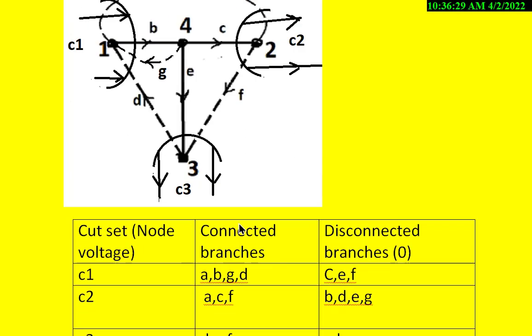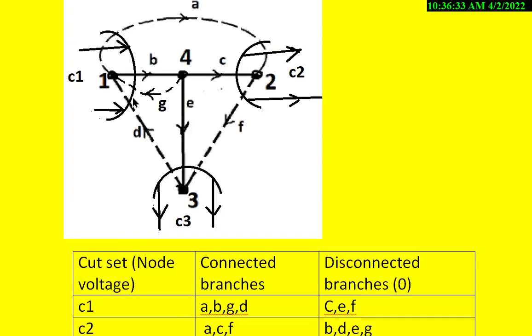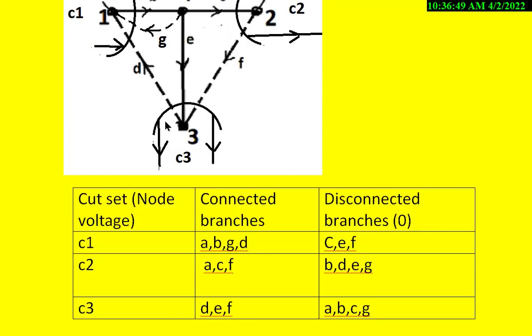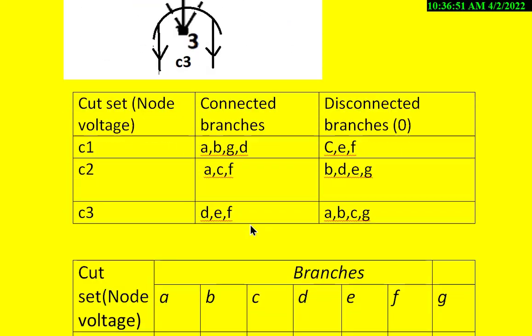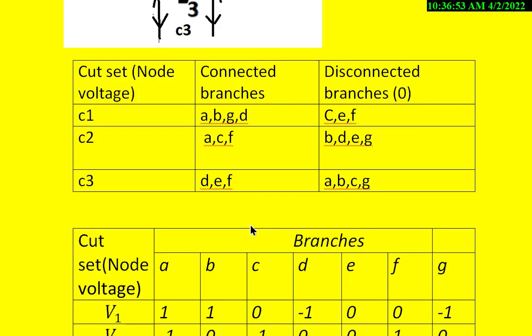If you look at cut set 1, the elements are B, G, D, A. A is leaving, B also leaving, whereas G, D are entering. G, D will get the minus sign, A, B will get the plus sign.